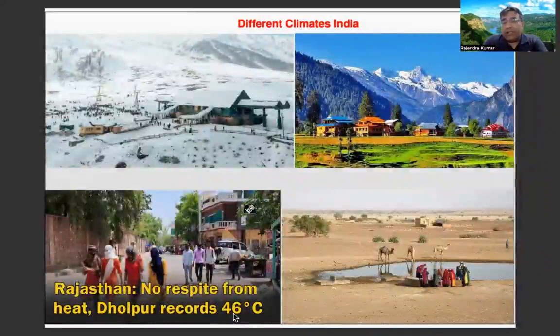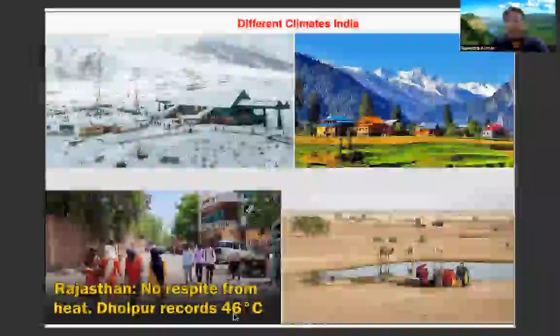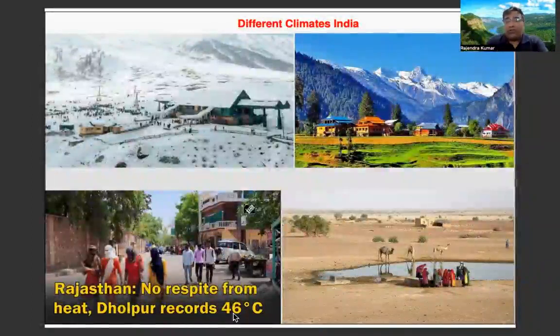So the temperature in this part may go 50 plus centigrade also. So that is the beauty of the Indian landscape, where maximum cold is also there and maximum heat is also there.